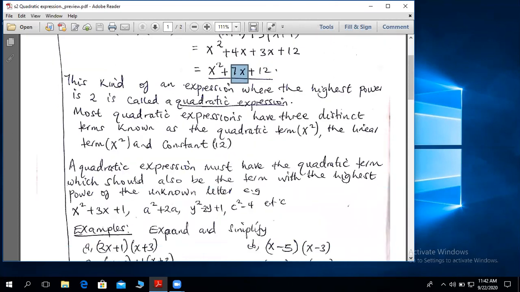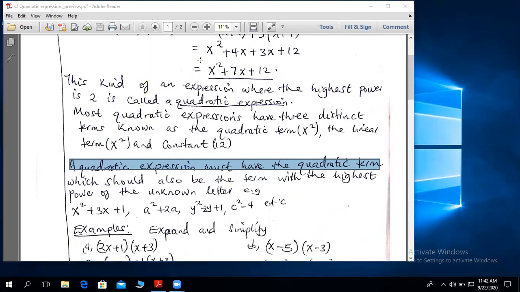Now, a quadratic expression must have a quadratic term, which should also be the term with the highest power. This one cannot be the highest power, so it cannot be the quadratic term.